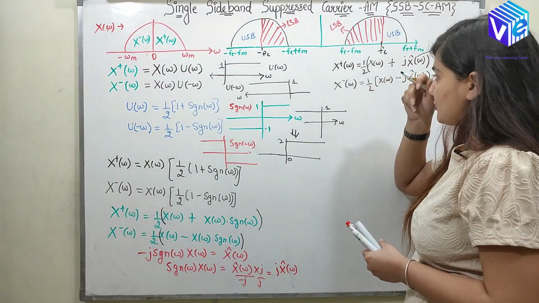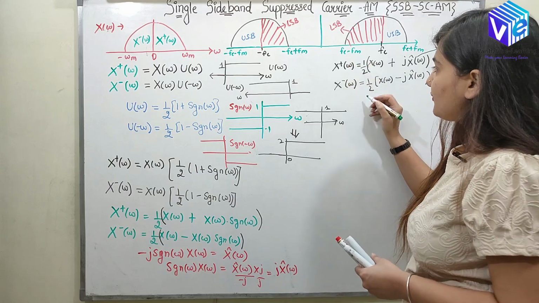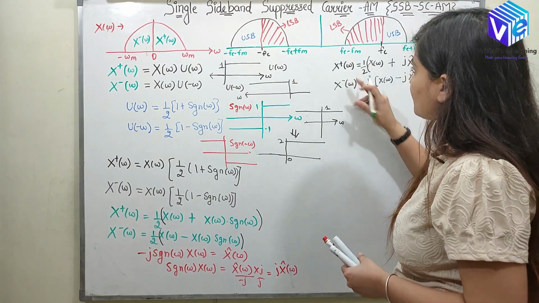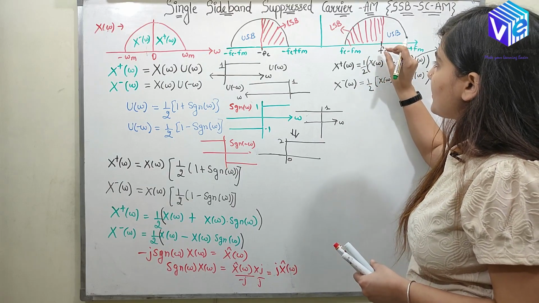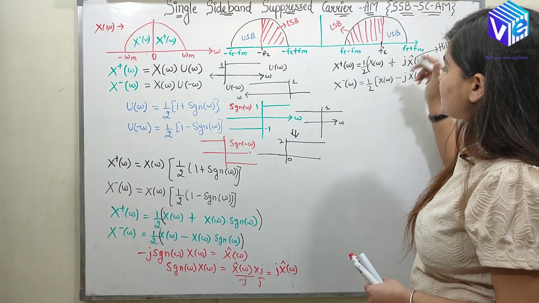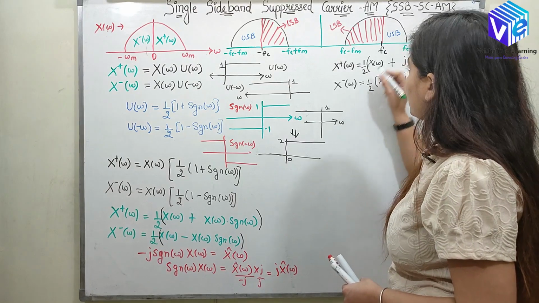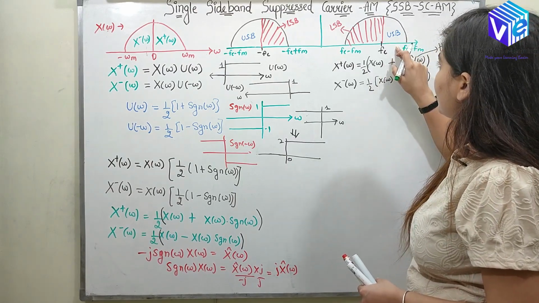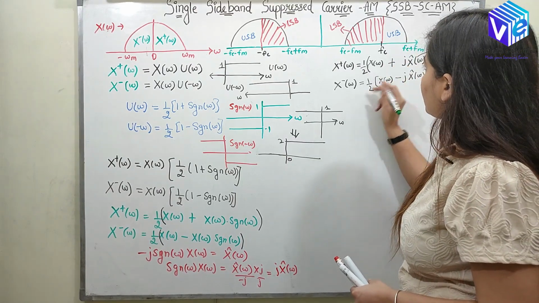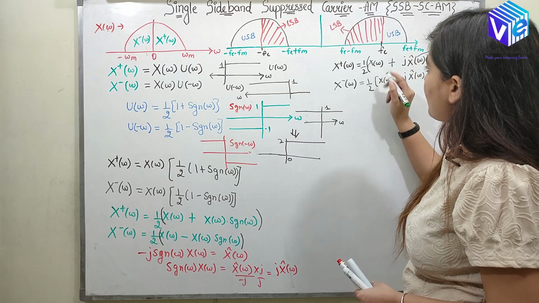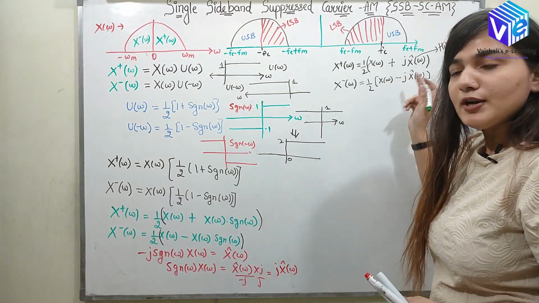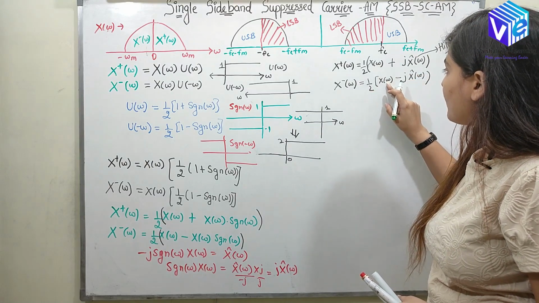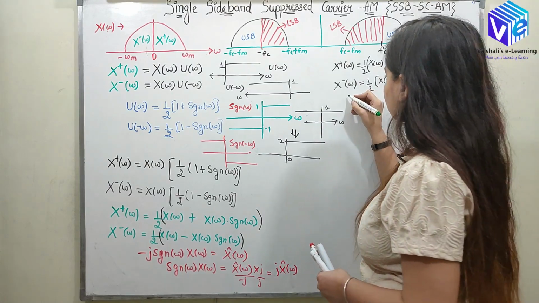So now if I add both of the signals and superimpose on the carrier, if I am sending the upper sideband, the frequency would change from f minus fc. So the frequency would now go from omega minus omega c.